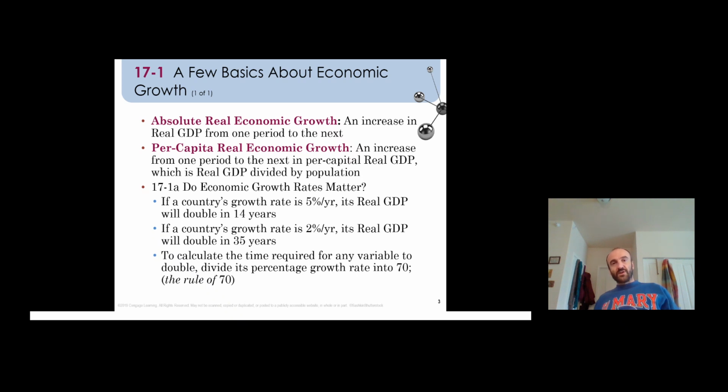Another way of defining economic growth is to say that it is per capita real economic growth. Per capita means per person, per head, as we say. So that's economic growth that is adjusted for the population changes.